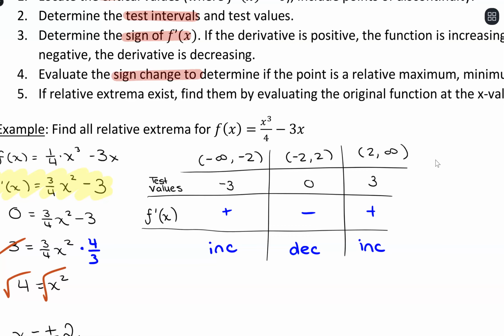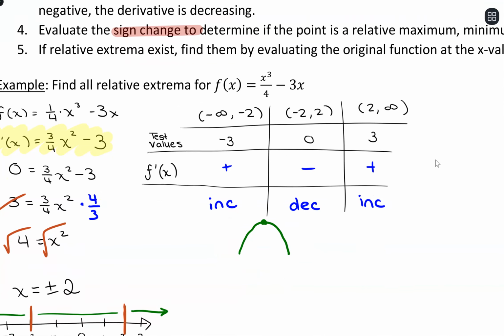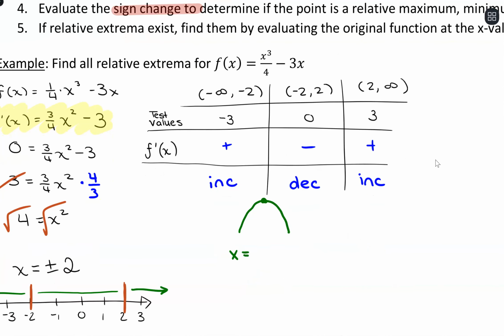So if we change from increasing to decreasing, that's what our graph is going to look like there. So what we're being left with is this maximum value. So at this x equals -2, we are seeing a relative maximum.